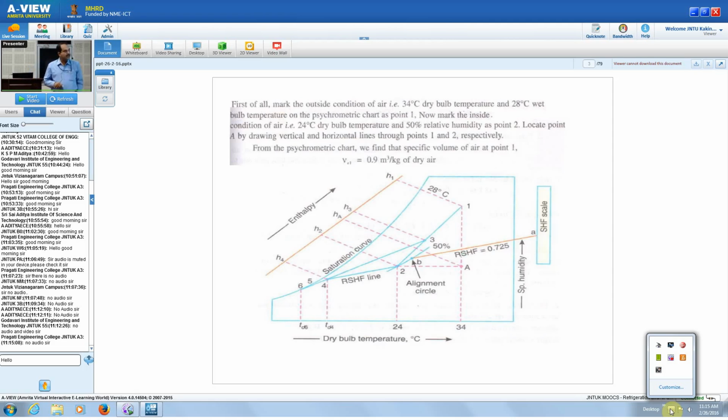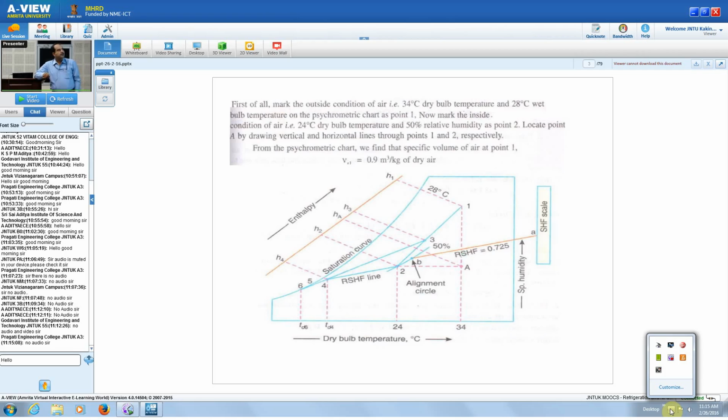These curved lines are the relative humidity lines. Already you know, in the psychrometric chart, the curved lines give the relative humidity lines. So this is the 50% relative humidity line. Where these two coincide, this is point number 2. Right? Are you clear now? Okay. So you got point 1 and point 2.